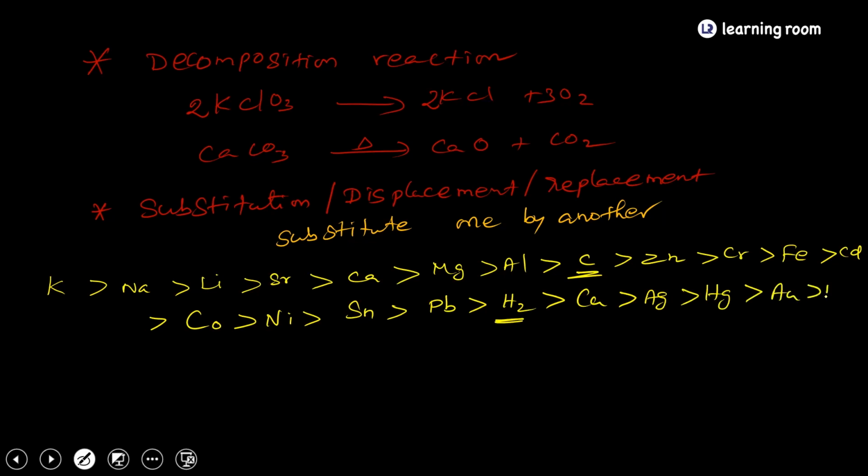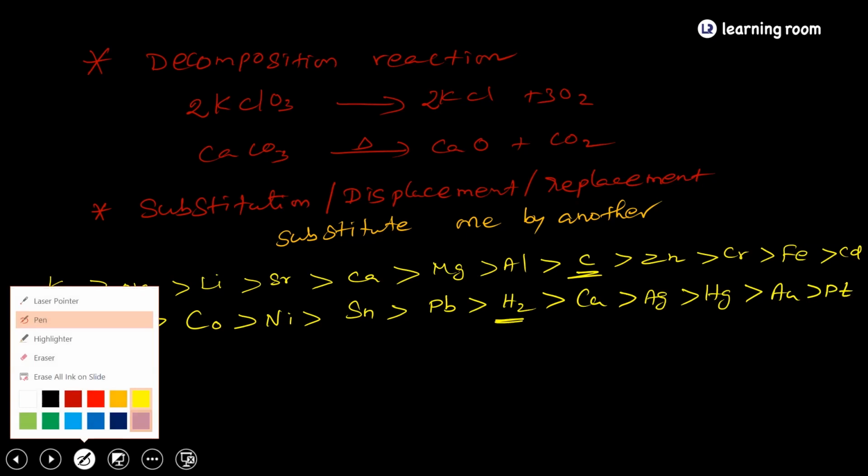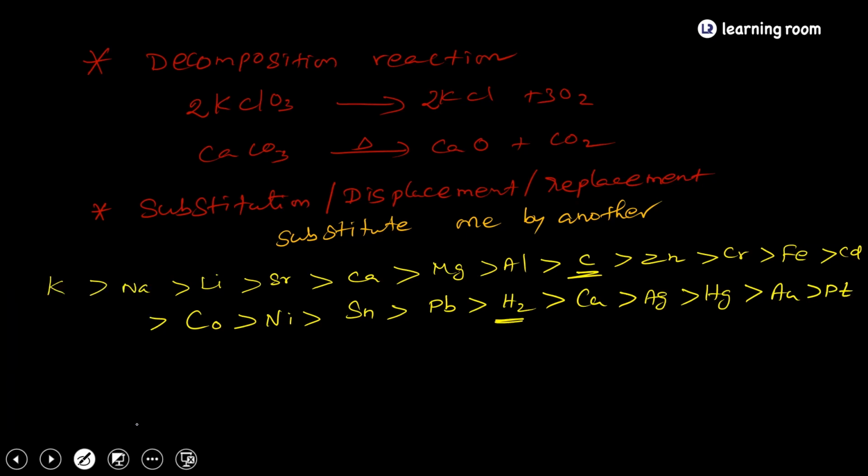gold and platinum. So these are called noble metals. They may react only with strong oxidizing acids. So basically these are noble metals, mostly gold, silver and platinum.